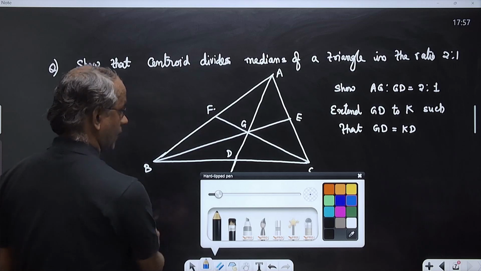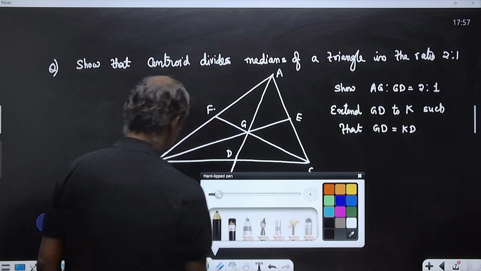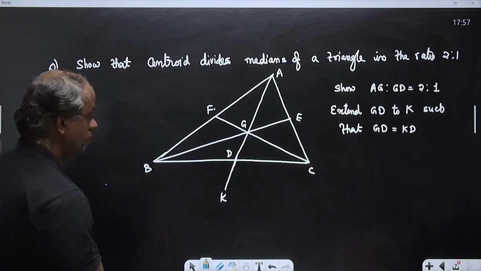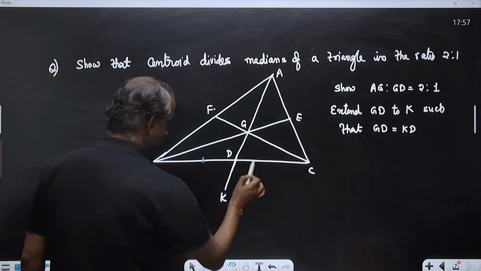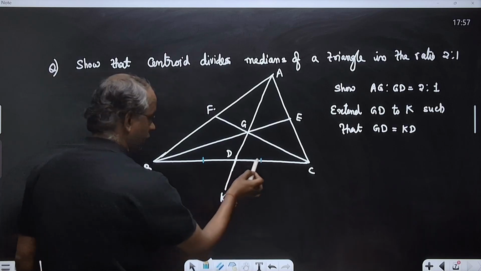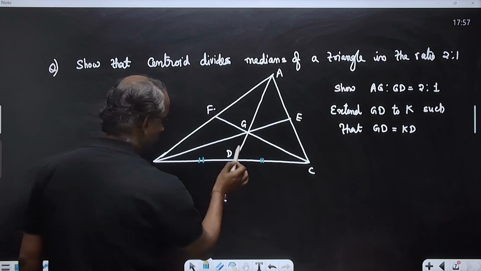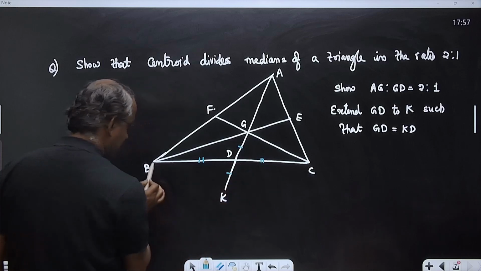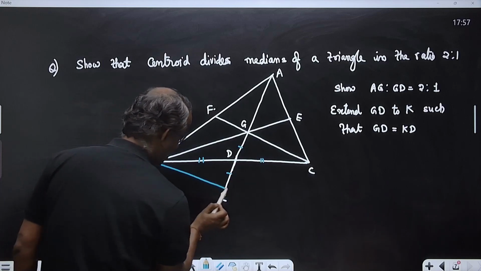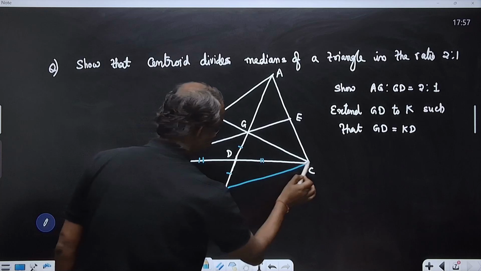Now look at it very carefully. What are we going to do? See, these two are definitely equal. We have extended it like this, so we can safely say therefore BKCG.